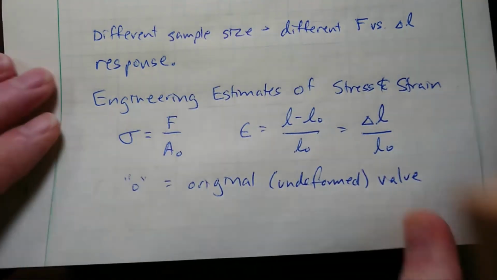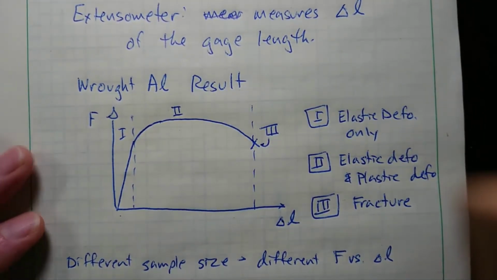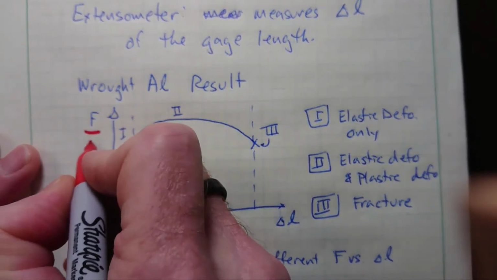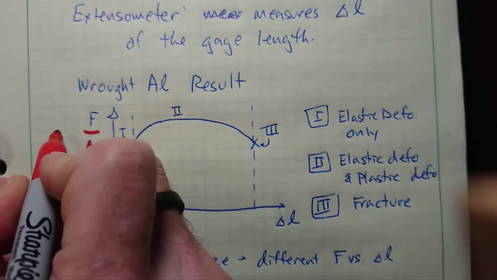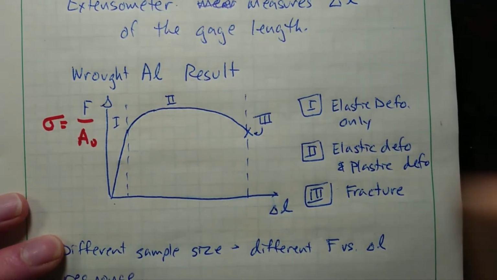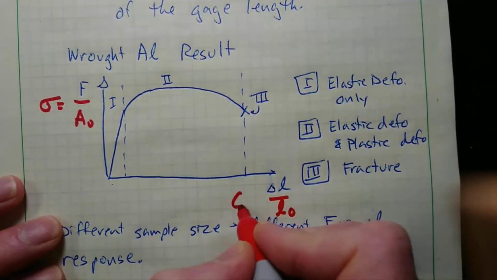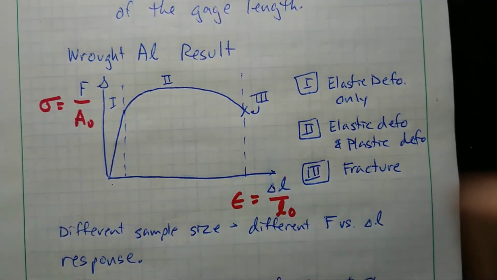So I can go back to my force delta L curve, and if I divide the force by the original area, I get stress on the y-axis, and if I divide the length by the original length, then I get strain on the x-axis.